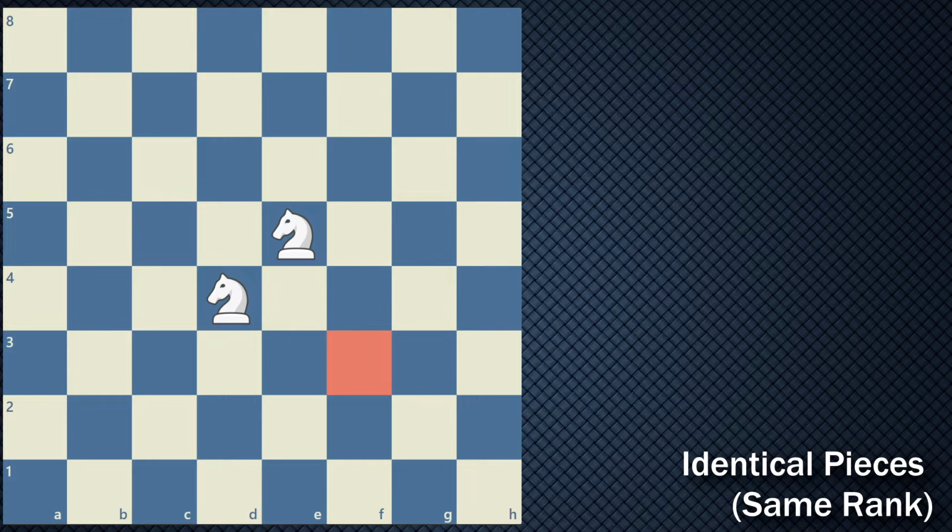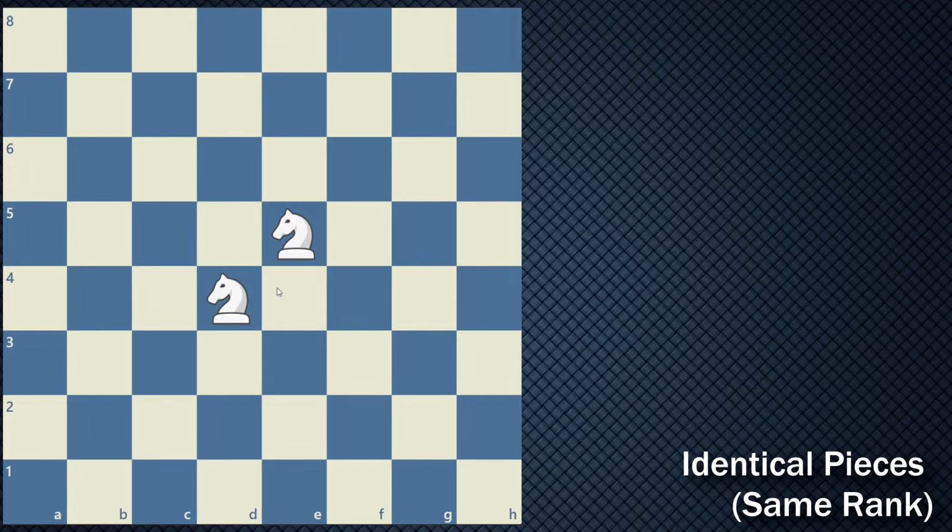Here is another example if two pieces can land on the same spot, and most likely you'll get this example as well. You'll have the knight. If the knight wants to move to f3, if I just say knight to f3, I'm going to ask myself, which knight am I moving? Am I moving the one on e5, or am I moving the one on d4?